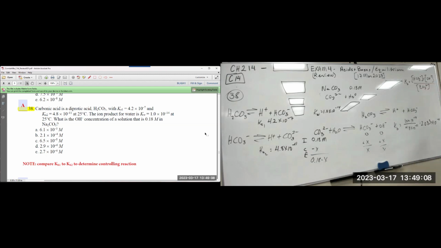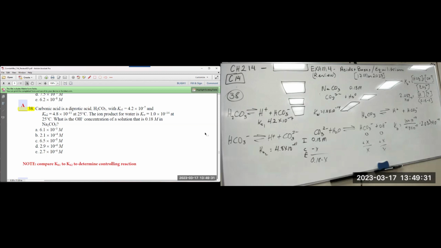There we go. Okay. So this one is going to be X and X, right? And this is going to be 0.18 minus X is equal to 2.083 times 10 to the minus 4.